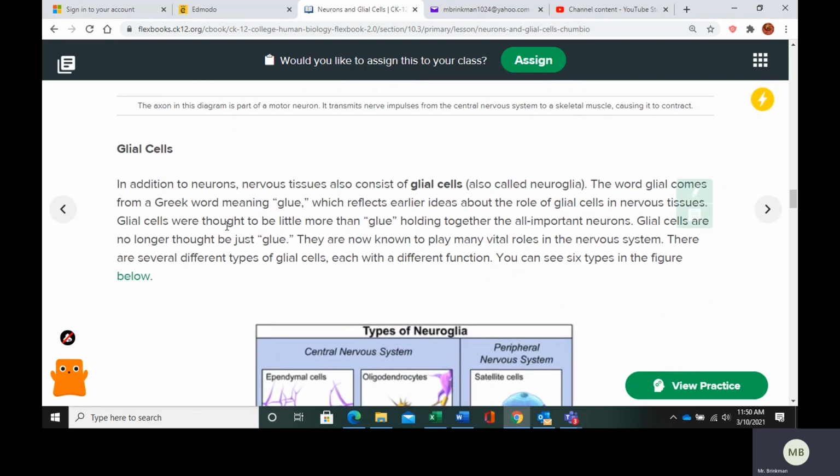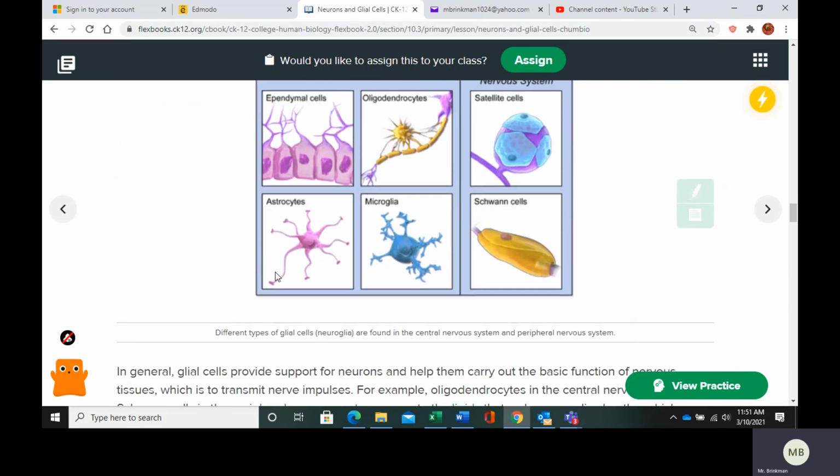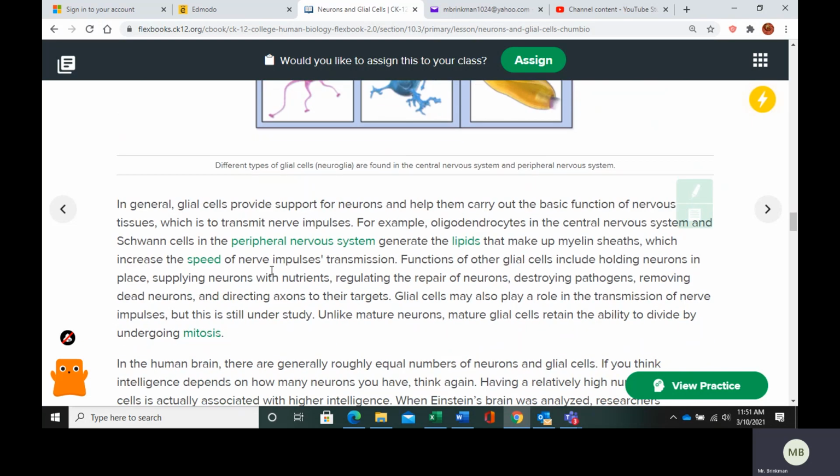Glial cells. Nervous tissue is also going to have glial cells, and there are several different types. There's a table of these, and there are many different types of glial cells, and they each have different functions.